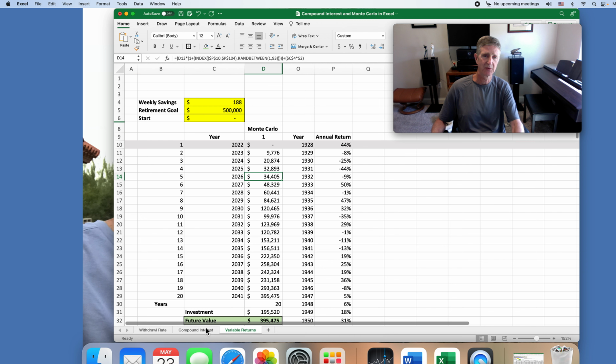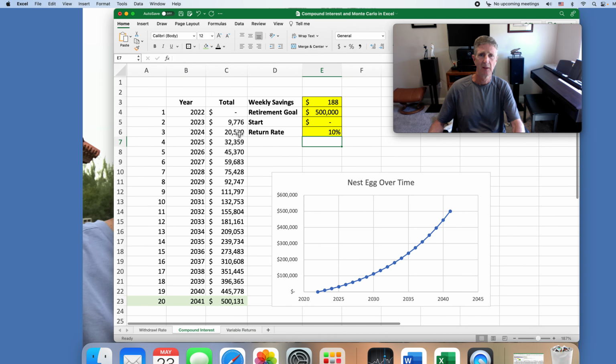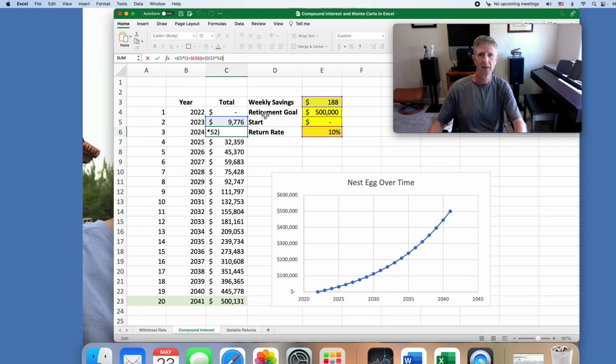So going back to the previous tab, the compound interest formula is simply the value that I had before it, C5, 9776, times 1 plus my interest rate, so in this case, 1.1. So we multiply 9776 by 1.1, and then we add whatever we had before.